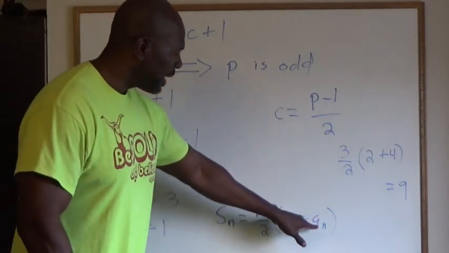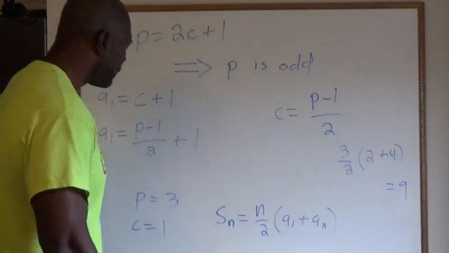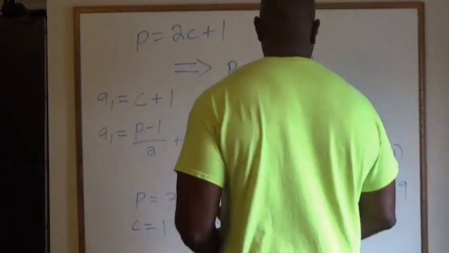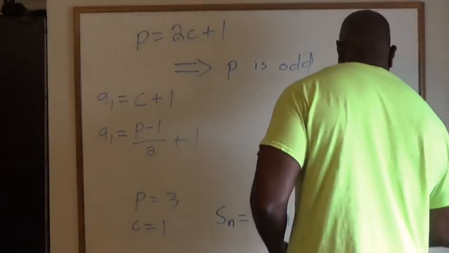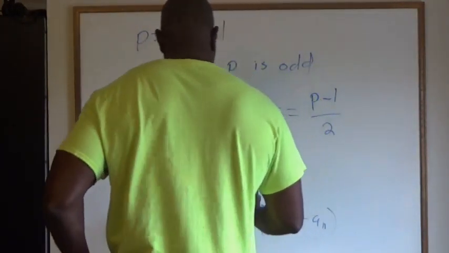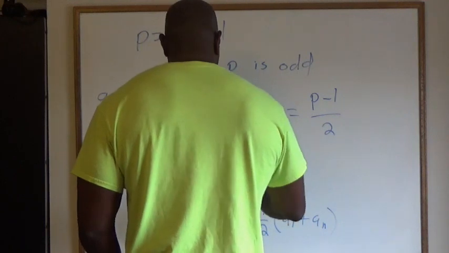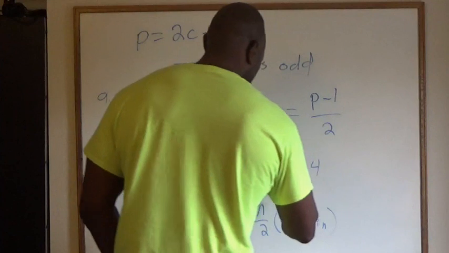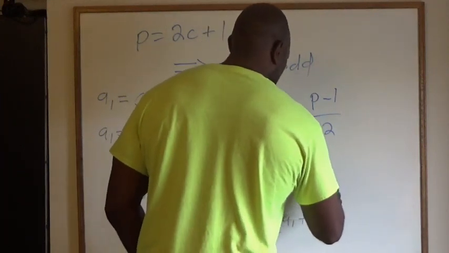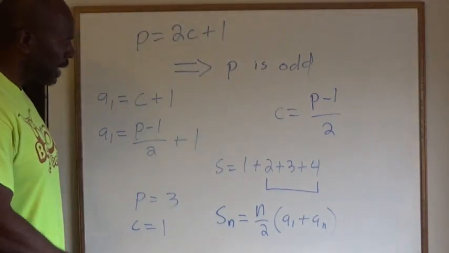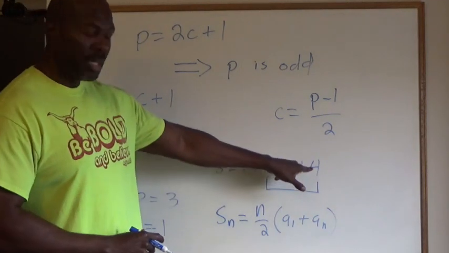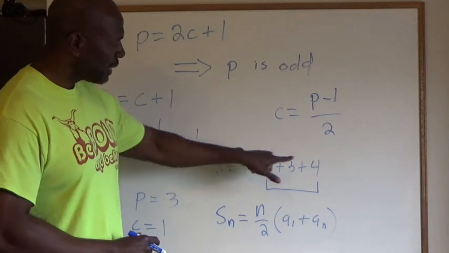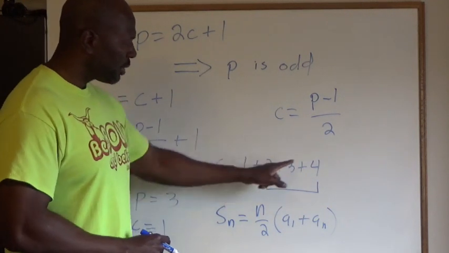Now, an is the last number in the series, and an easy way to think of an, I'll bring the numbers back, is to look at this first partition. The easiest way to think of an, which in this case is 4, is c plus p. 1 plus 3 is 4.